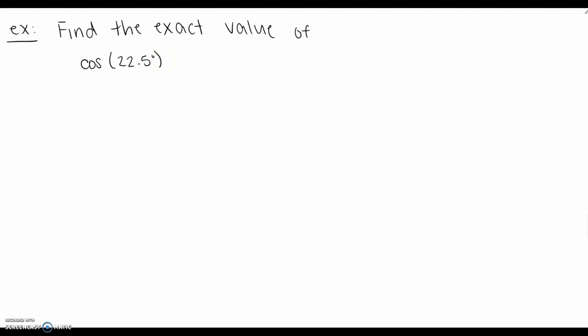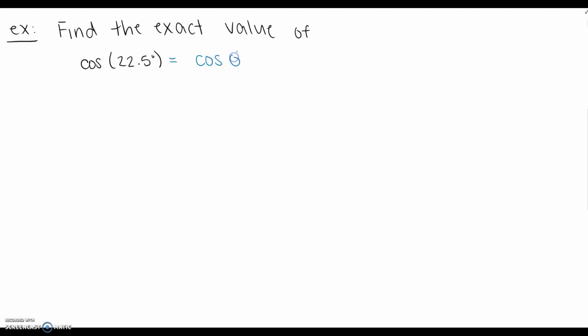So first thing you could do is try to use a sum or difference identity, but because it's a half angle, or it's 22.5, there's a decimal, you can't do that. So we can rewrite this as a half angle.